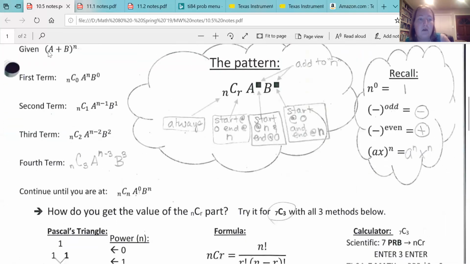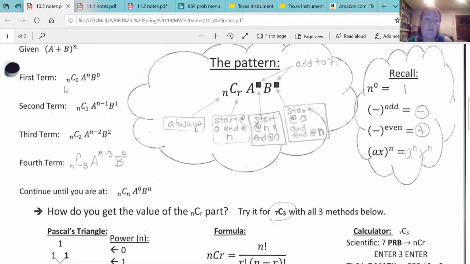If you have some binomial, a plus b to an nth power, your first term is going to be made up of this binomial coefficient. And in probability and statistics, if you take a probability course, you'll learn a lot more about the binomial theorem and its application. Here we're just going to go through the mechanics of finding the values in terms of trying to expand a binomial expression.